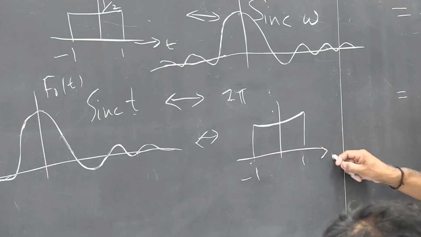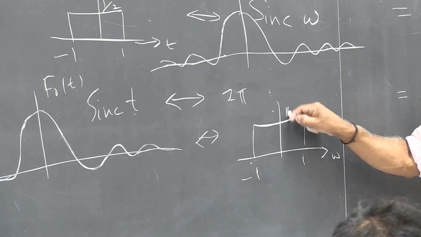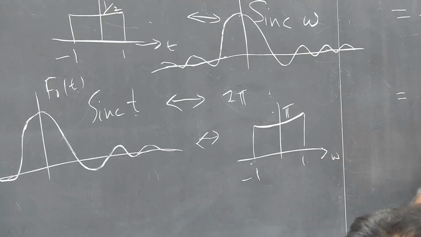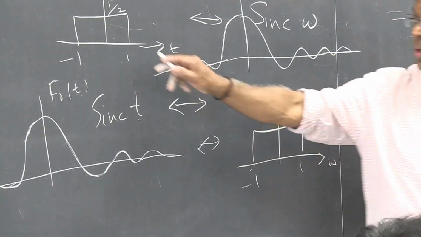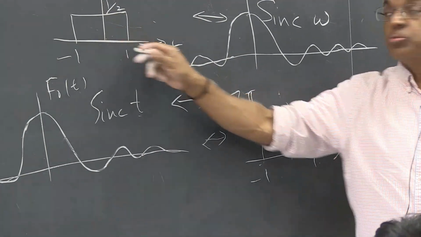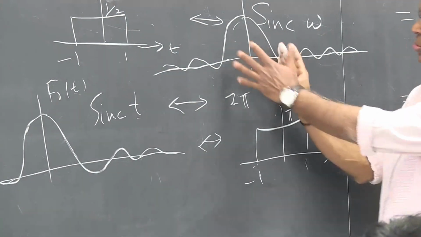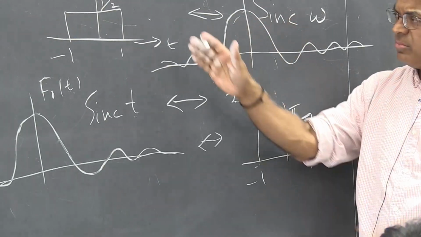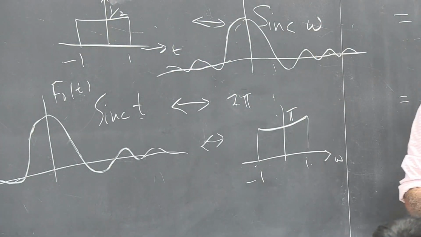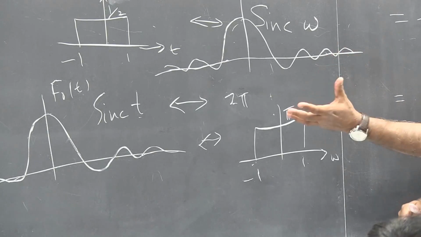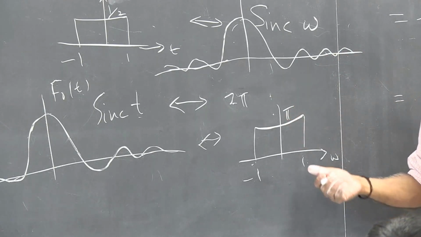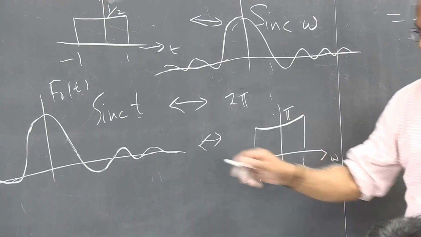This is an omega domain, but this will be the transform. So look, a pulse transform is low pass because most of the energy is concentrated. Transform of a pulse is sinc omega, but sinc t transform is a pulse in the frequency domain. This is frequency, this is time.